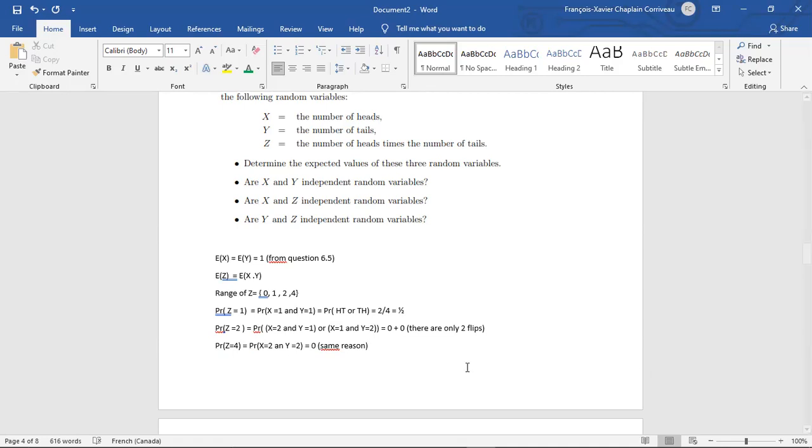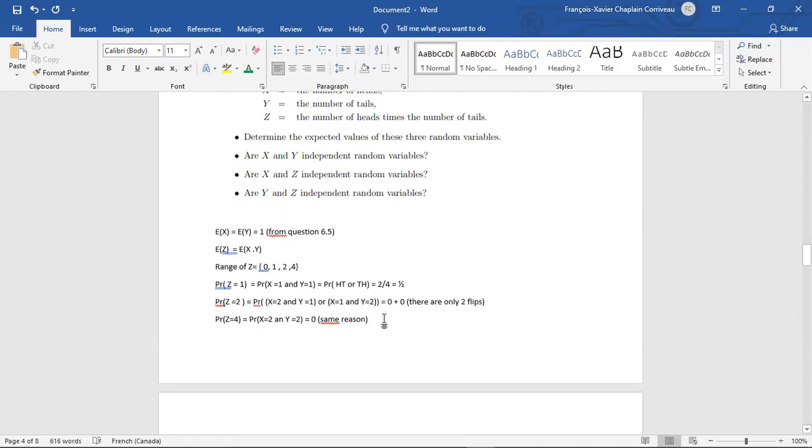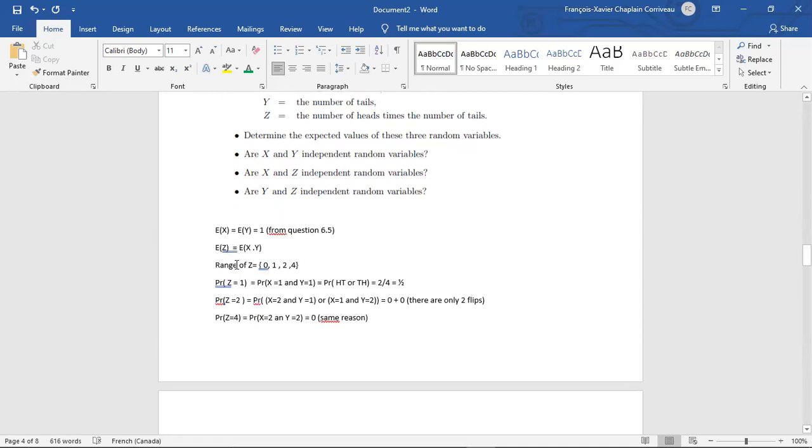So actually, this expected value of z is pretty simple, right? It's 0 times the probability that, so maybe I'll just still compute. Because it might be useful later, I'll just mention the probability that z is equal to 0.